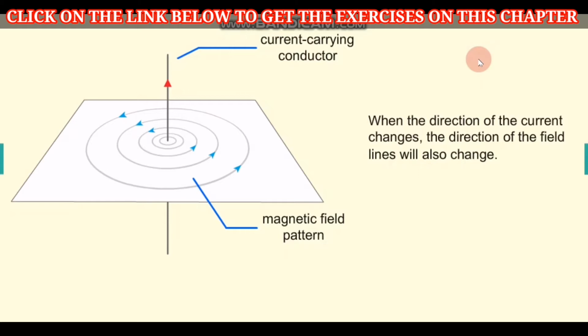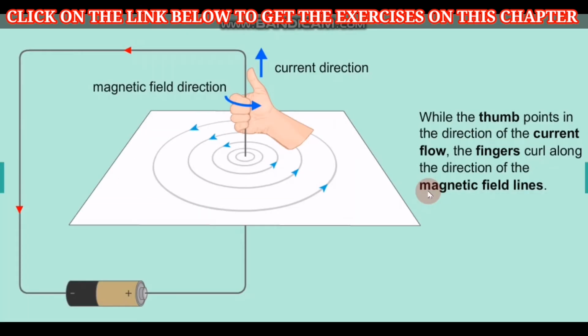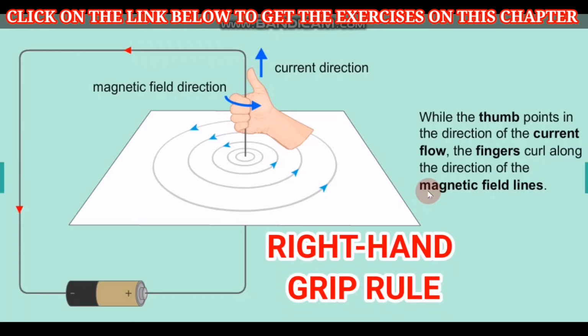So what are the methods we can use to determine the direction of the magnetic field of this current carrying conductor? Yes, the right hand grip rule is a method which we can use to determine the direction of the magnetic field in a current carrying conductor. So how to apply this rule? The thumb shows the direction of the current while the forefinger shows the direction of the magnetic field line.